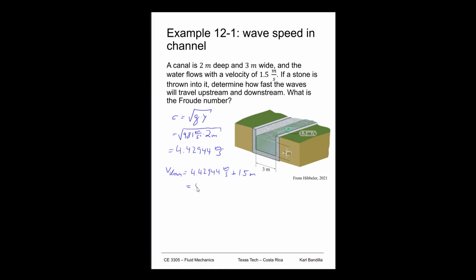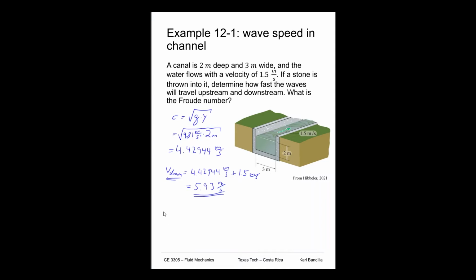That gives us 5.93 meters per second. Right, so this would be from us as a stationary observer. We're adding the velocity of how the water moves plus how fast the wave moves. So that would be the one going downstream.